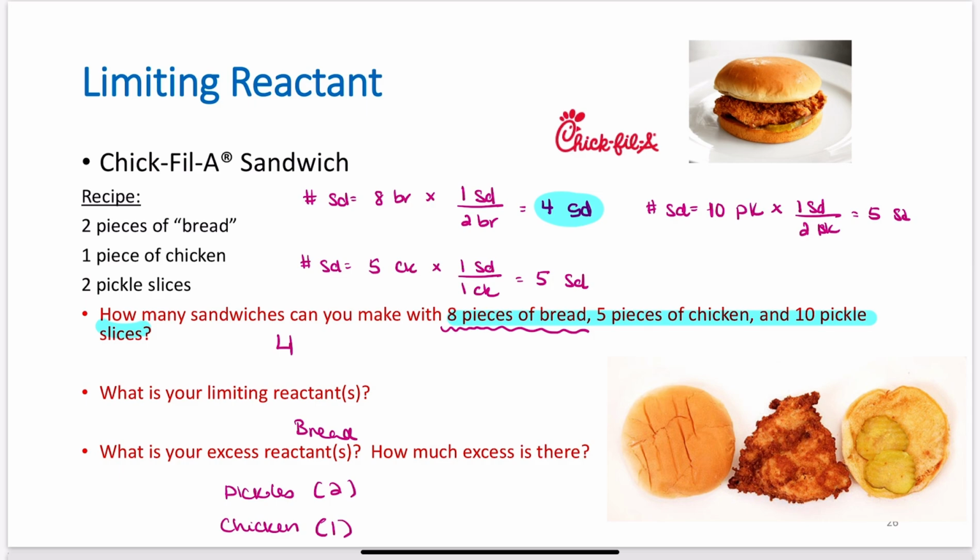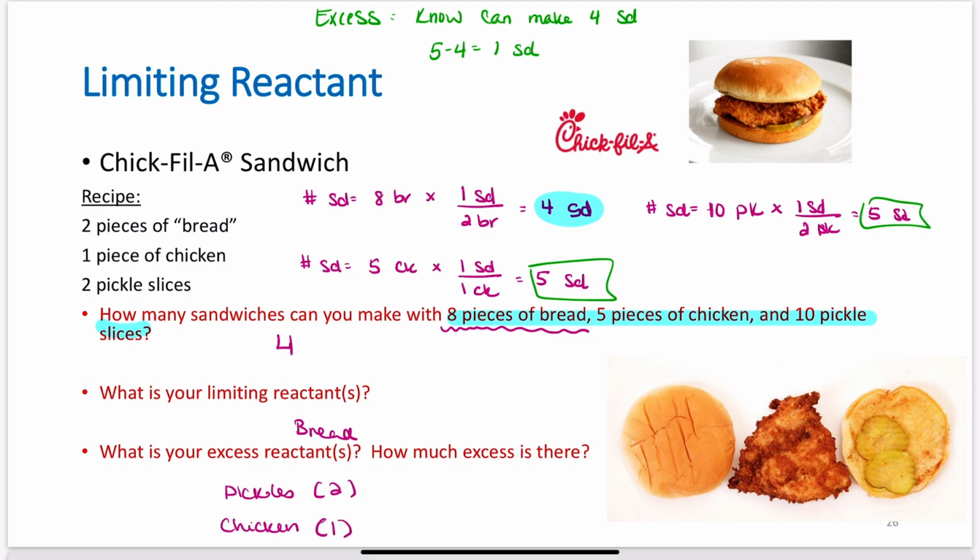The other way I could figure out my excess: I know I can make 4 sandwiches. This told me 5. 5 minus 4 is 1 extra sandwich.